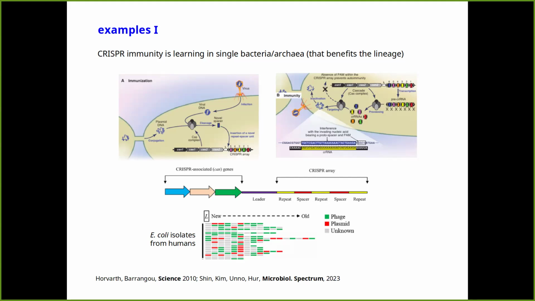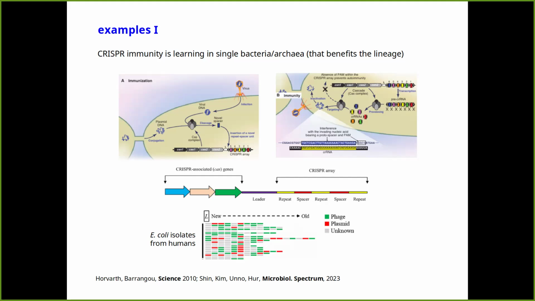The biology is an adaptive immune system in individual bacteria. And it's really astonishing. The way it works is that an individual bacterium may be attacked by a virus that attacks a bacterium, a bacteriophage.